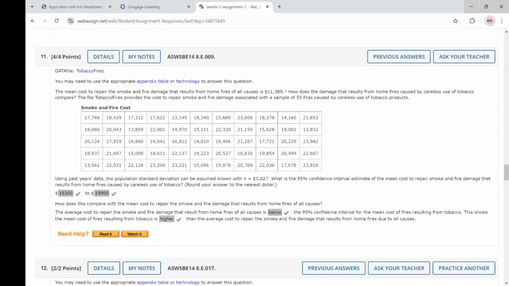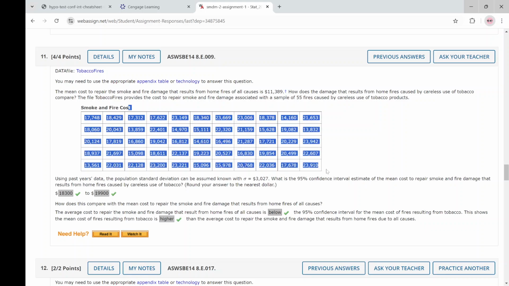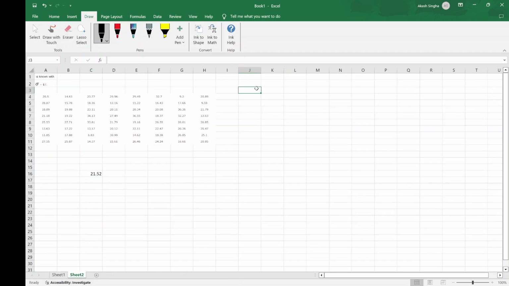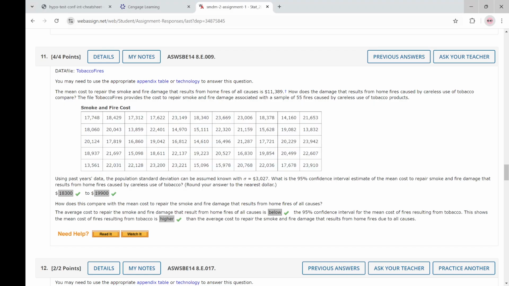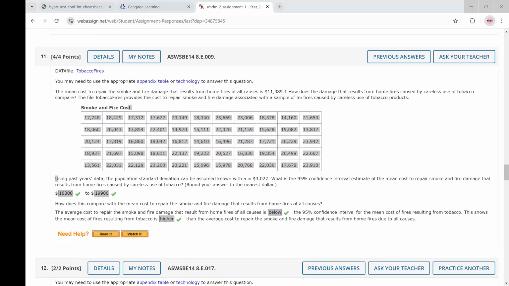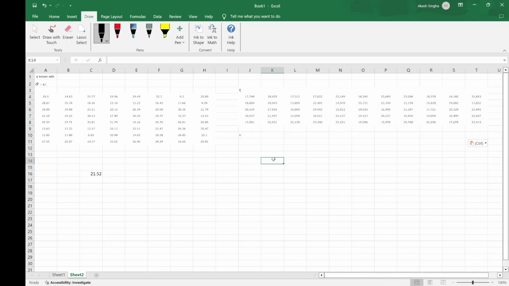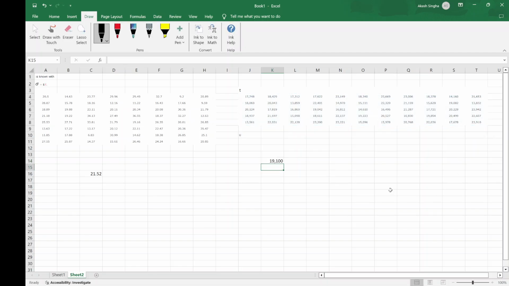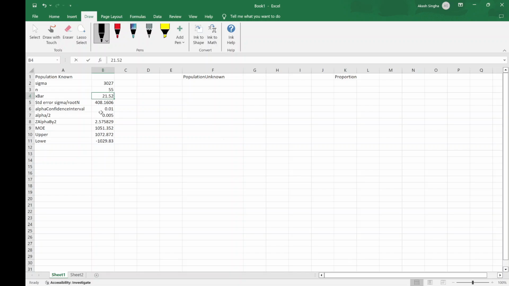X bar is 19,100. Standard error will be sigma by root n.